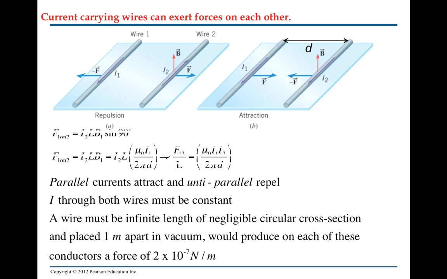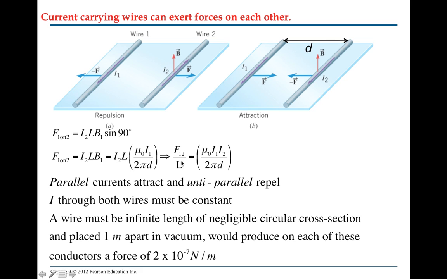The force F is simply defined as mu-naught I1 I2 L over 2 pi d, where L is the length of the wire, I1 is the current in conductor 1, and I2 is the current in conductor 2, and then you have this constant that is with us all the time, and d is the distance between the two wires, and this is coming from the magnetic field, okay?